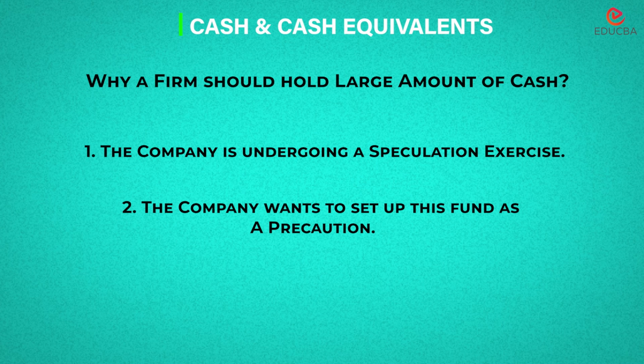Third one is related to transactions. There can be certain cash outflows which are committed, and those amounts can be really large. So the company would like to pile up cash before the cash outflow date. So these are the three reasons why a company may like to pile up large cash on the asset side.